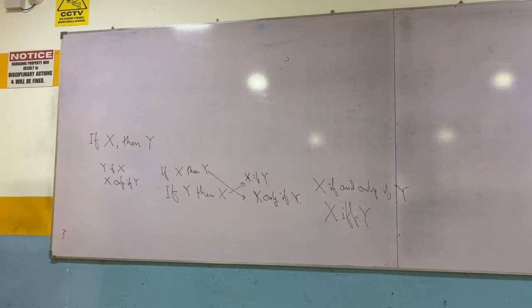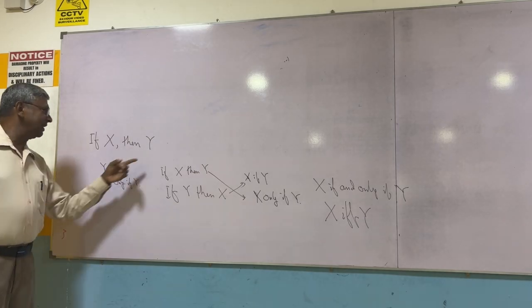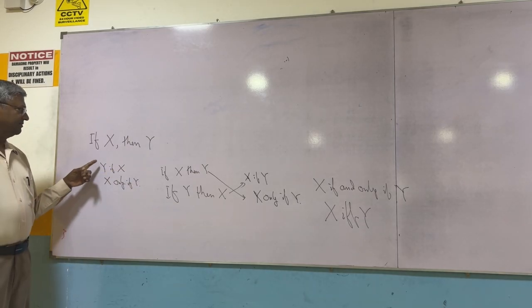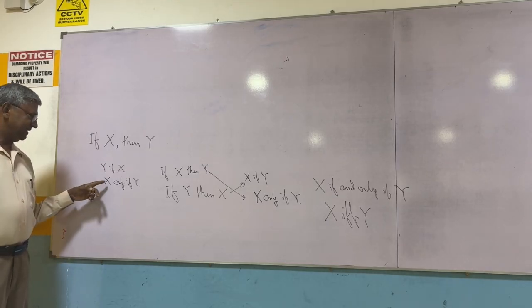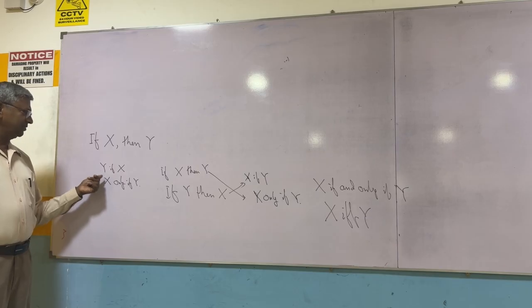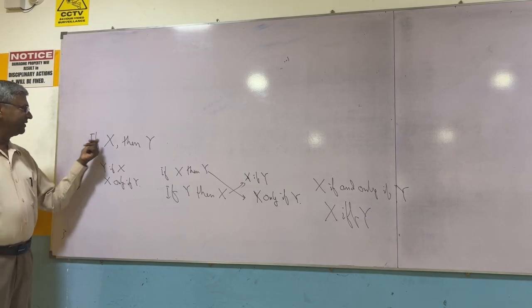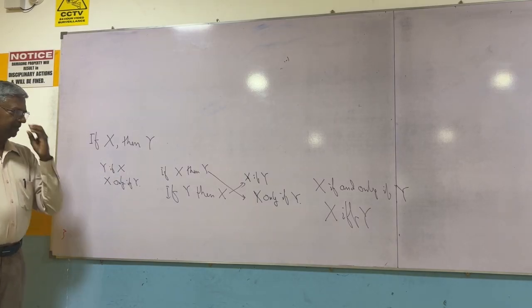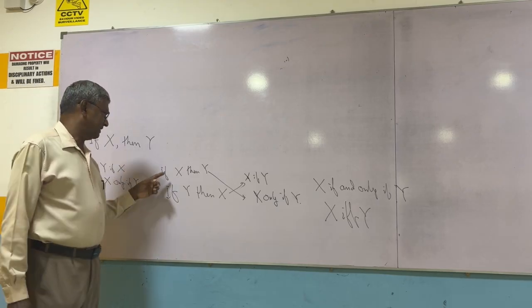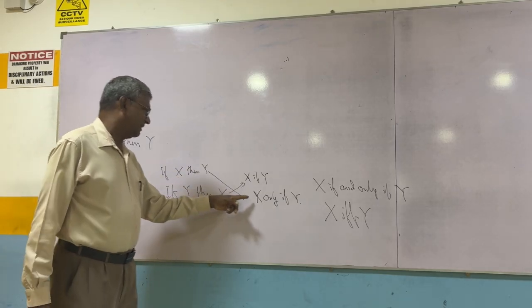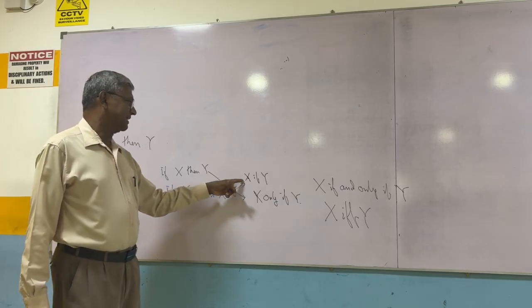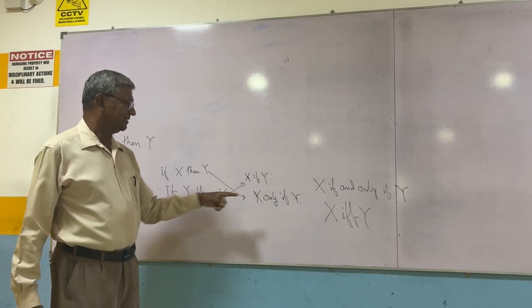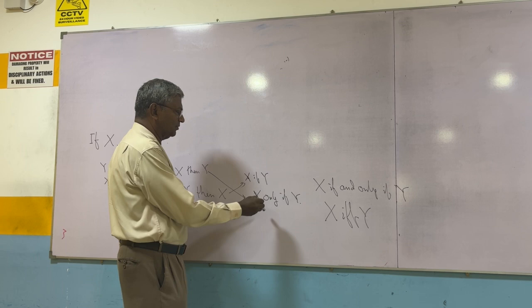Kutari mentioned this thing a little bit here. If X then Y, we can say Y if X, and X only if Y also, if X then Y. Then if X then Y, I can say X only if Y. If Y then X, I can say X if Y. Then I connect these two.